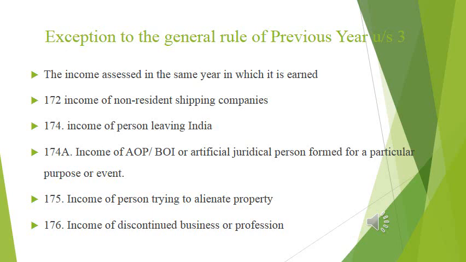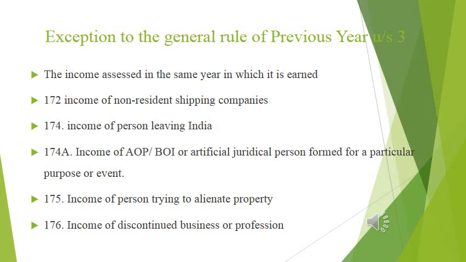But the general rule, please bear in mind, is that income earned during the previous year is assessed in its relevant assessment year. But there are certain exemptions to the general rule.